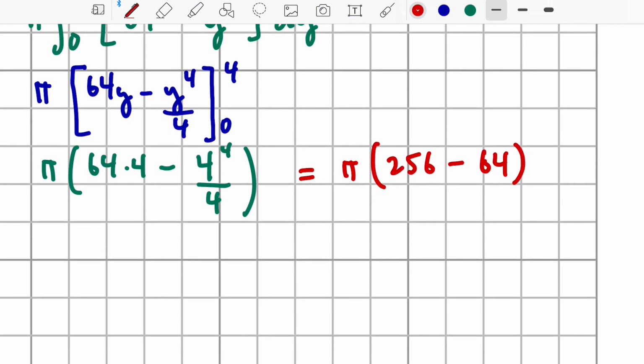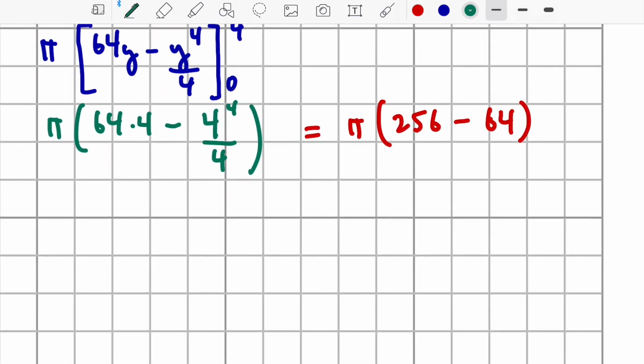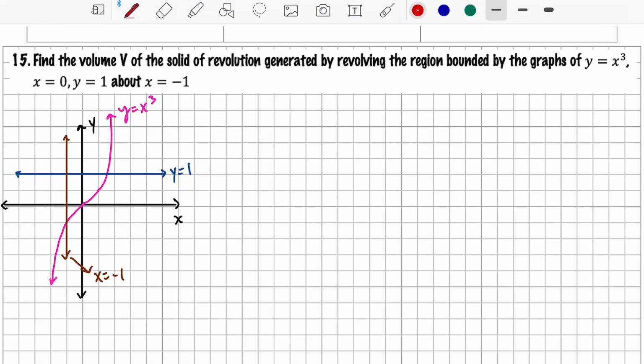And last thing is just to subtract those two. So 256 minus 64 will give me 192, times pi is just 192 pi cubic units. That is the volume.